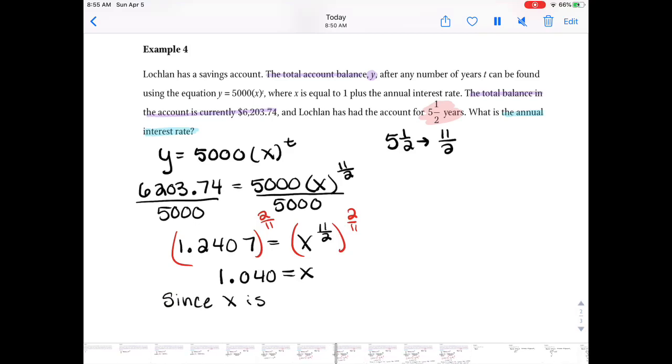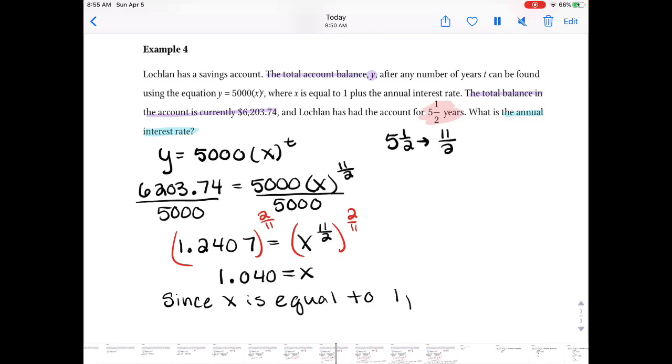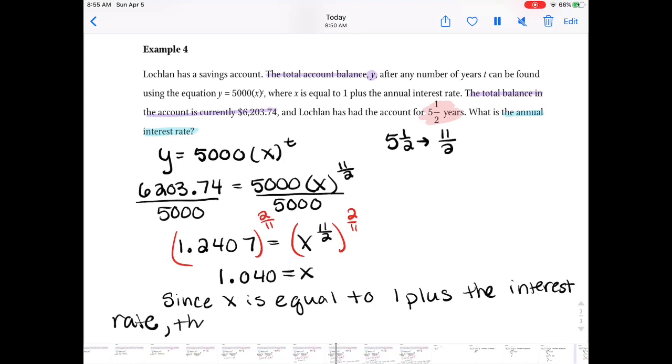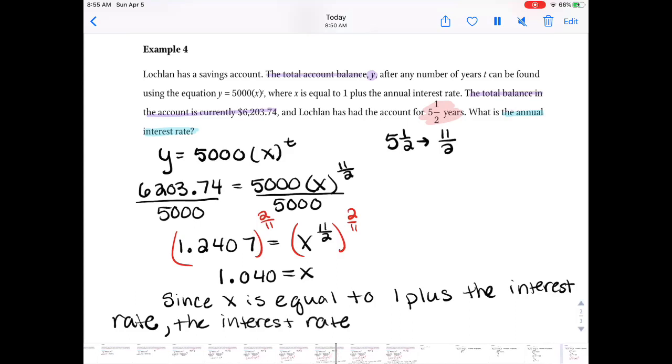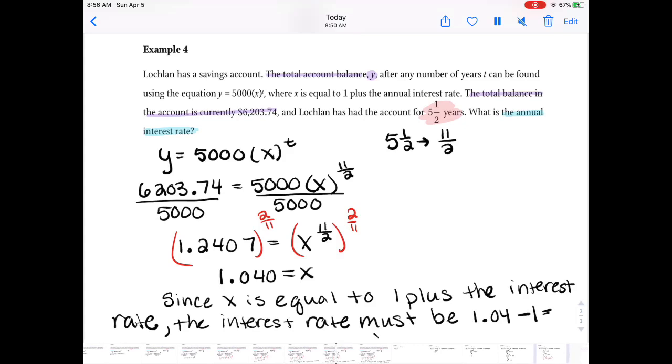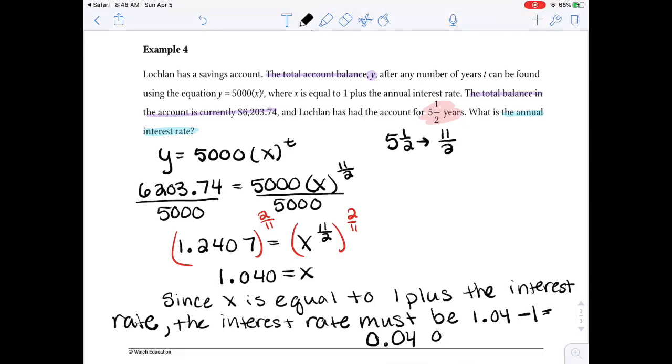Since x is equal to 1 plus the interest rate, the interest rate must be 1.04 minus 1, which is 0.04, or 4%.